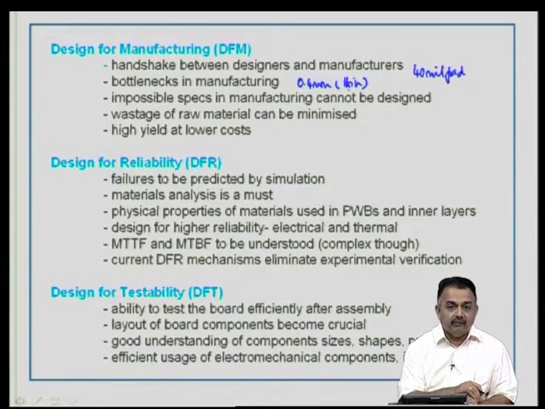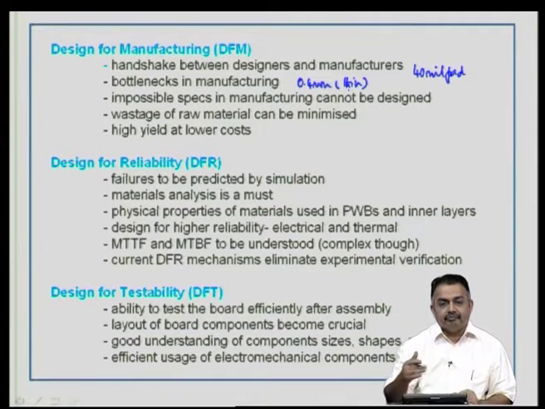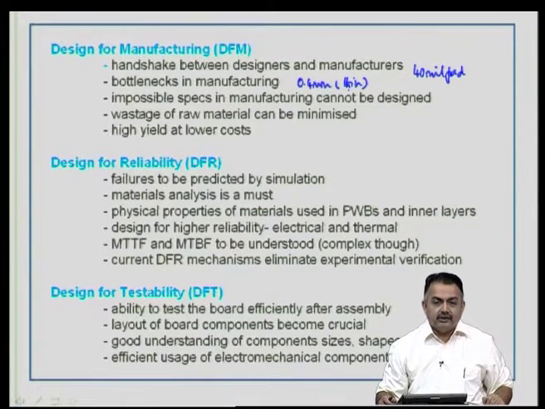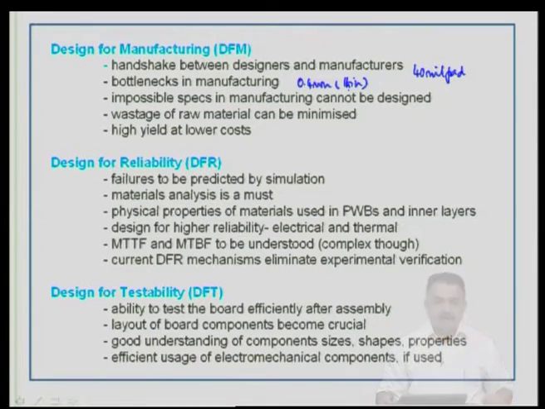Impossible specs in manufacturing cannot be designed, or in other words, unnecessary feature sizes that you have used in design cannot be manufactured in some cases. Therefore, there has to be a very good via media between the designer and the manufacturer, and in some cases fancy designs which are really not required for a particular system can be avoided.